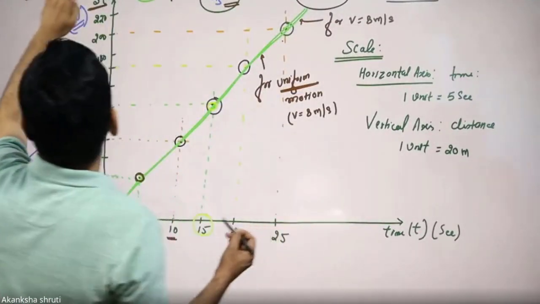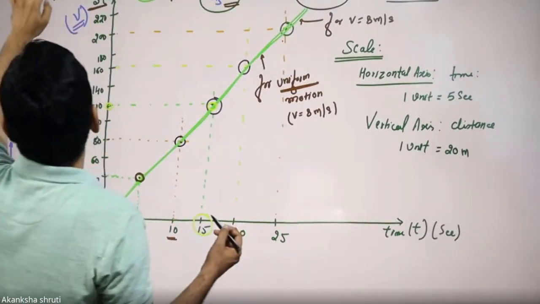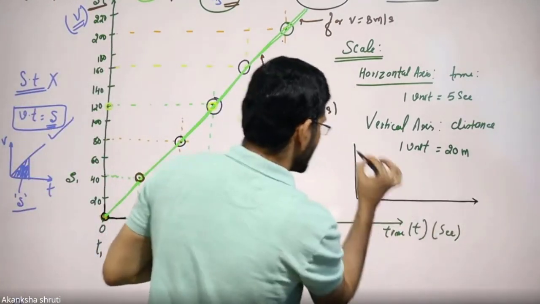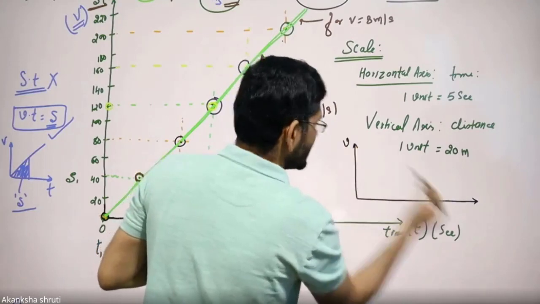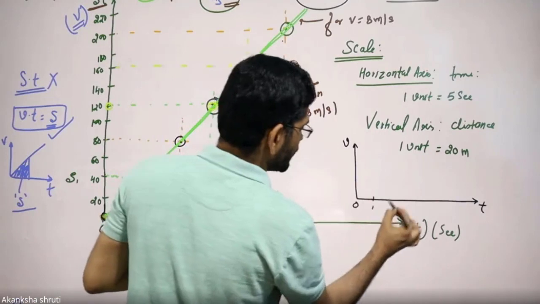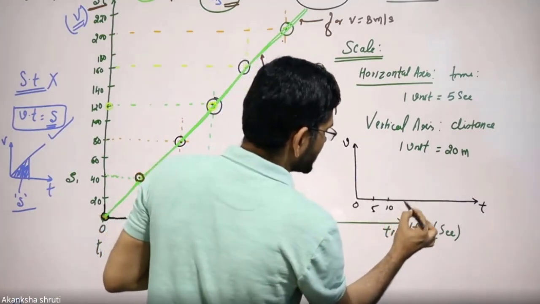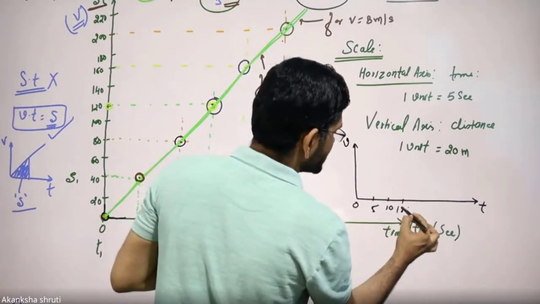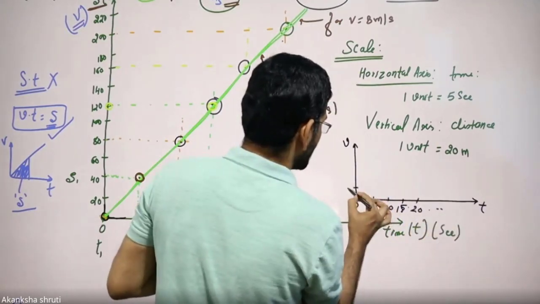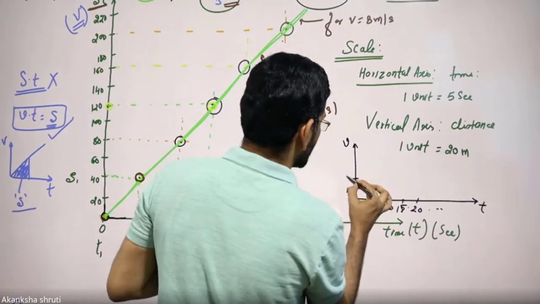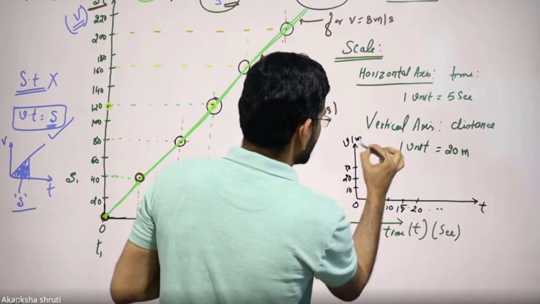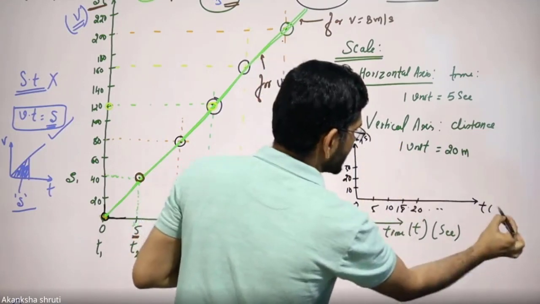I want to put the velocity here and time here. Students, you can mark it as 0, 5, 10, 20 or 10, 15, then 20, and so on. Speed is in meter per second and t in seconds.